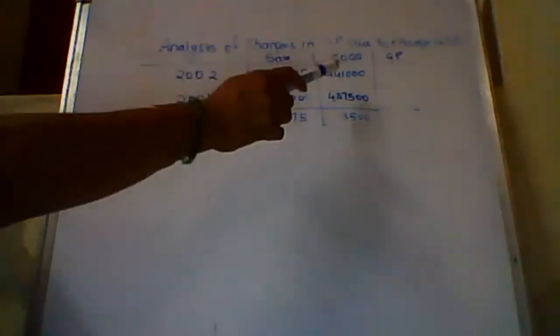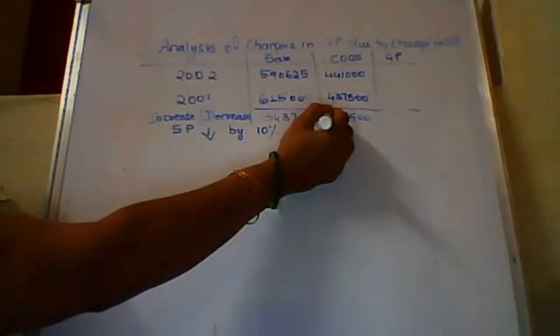Look at the cost of goods sold. In 2001, the cost of goods sold is 4,37,500, and in 2002, it is 4,41,000. How much is the total increase? 3,500 is the increase in our cost of goods sold. So sales is reducing, cost is increasing by 3,500.